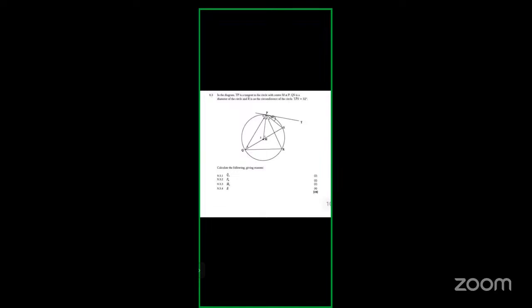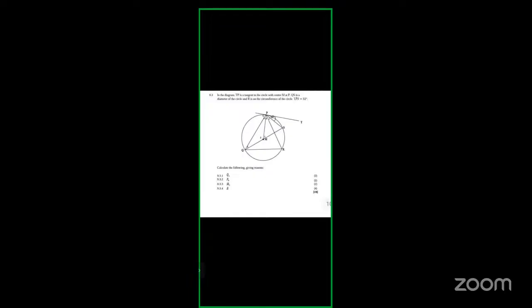So we have got question 9.3 in front of us here on the screen, saying, in the diagram, TP is a tangent to the circle with the center M. QS is the diameter of the circle, and R is a point on the circumference of the circle.